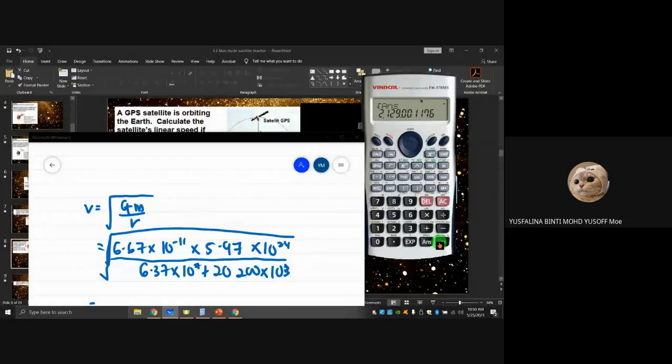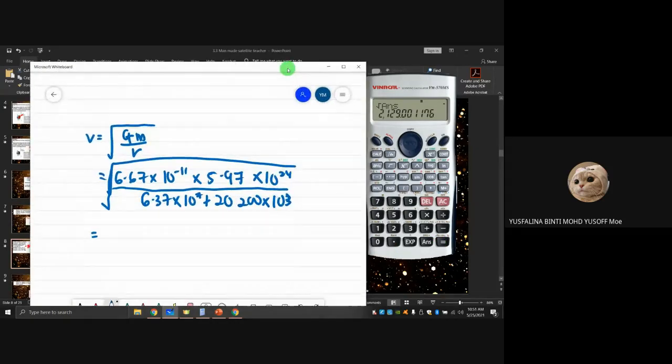So I got 2,129. So anyone got the same as mine? Why did yours get 2496.28? Check, yeah. Actually, I already did this one with 4M just now, and I think the answer is correct, 2129.